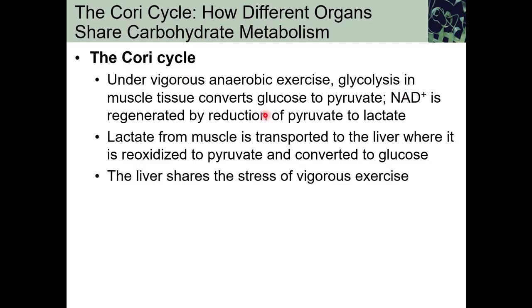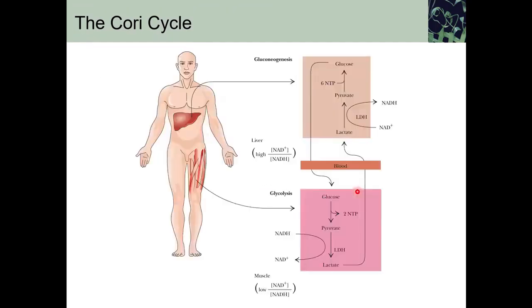NAD plus is regenerated by reduction of pyruvate to lactate. In other words, pyruvate acts as an oxidizing agent. Now, the lactate in the muscle is transported to the liver, where it is reoxidized to pyruvate and converted to glucose. Now, what happens to that glucose? That glucose is then transported back to the muscle and used as a source of energy. So notice that the liver shares the stress of the vigorous exercise.